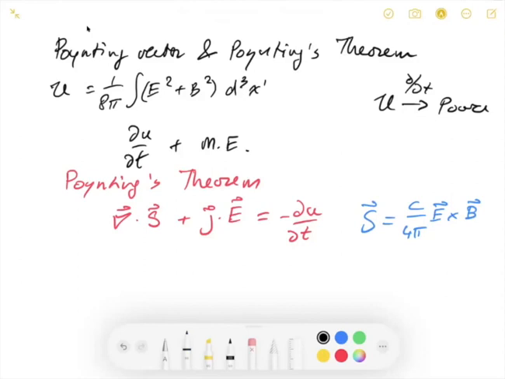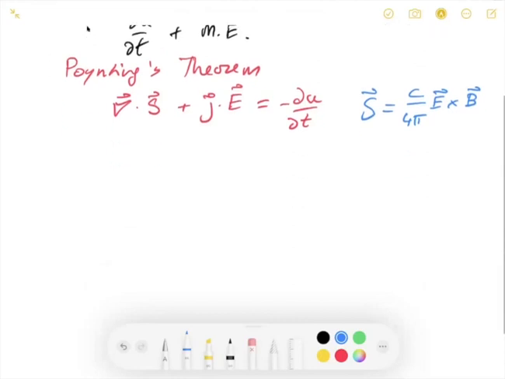And then we went from that power flow to a derived object, momentum density.